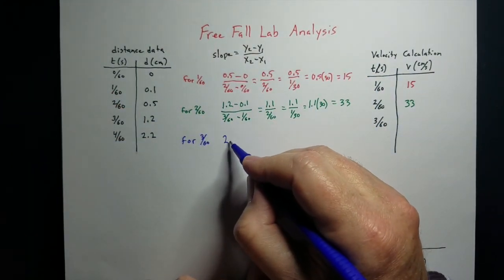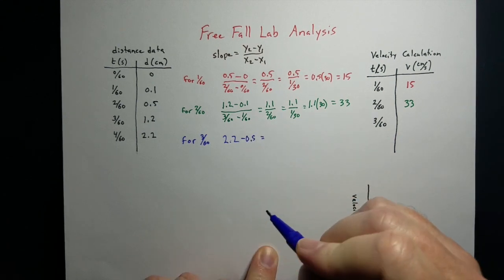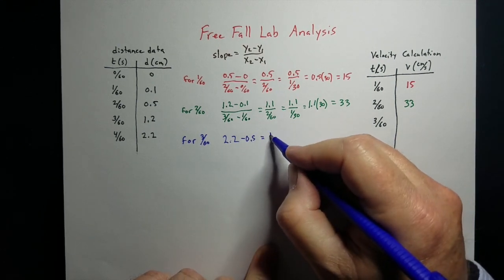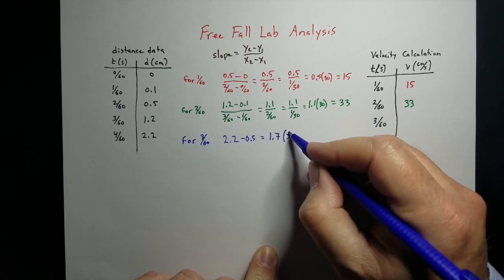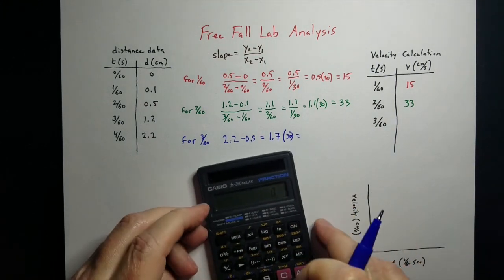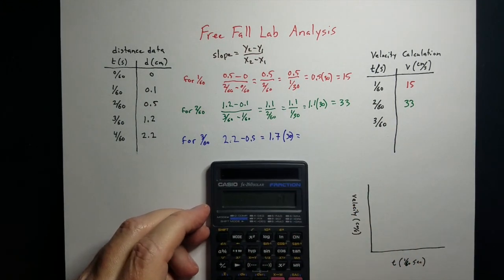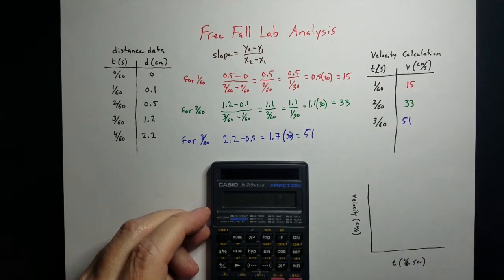So 2.2 minus 0.5. And that gives us 1.7. And we just realized that we're going to multiply by 30. So 1.7 times 30, we get 51. So we get 51 centimeters per second.